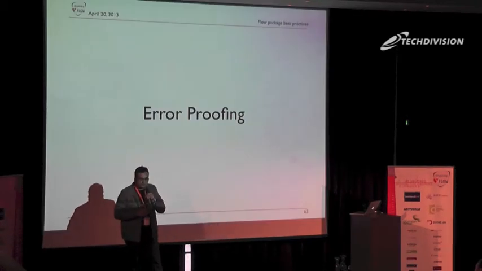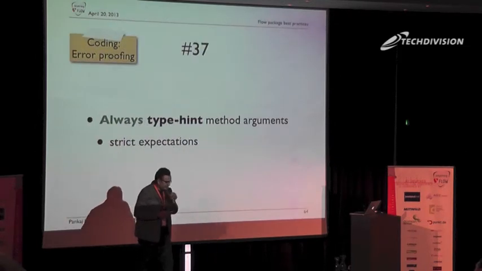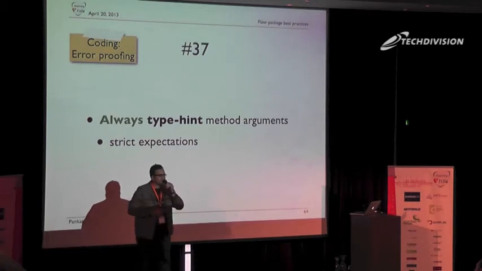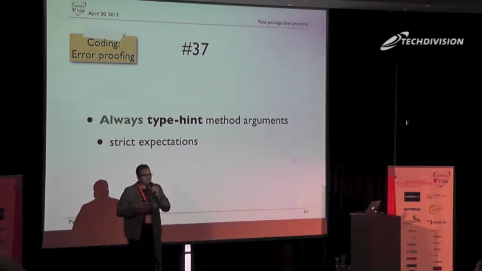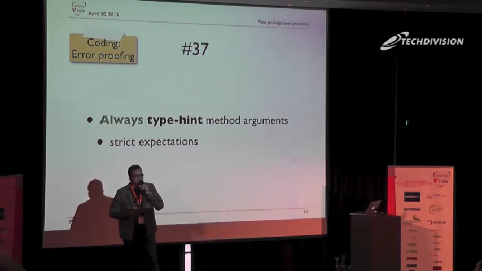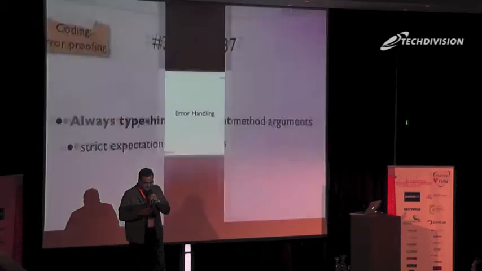Something about error proofing. I mean, you should not really expect the unexpected. So it is good practice to have all your function arguments type-hinted properly, so there is no chance for any big problems while running the application.